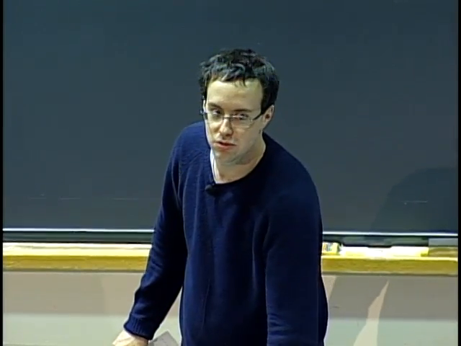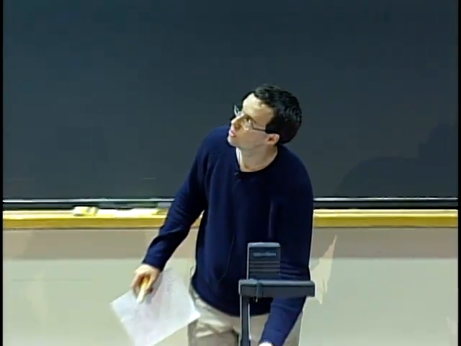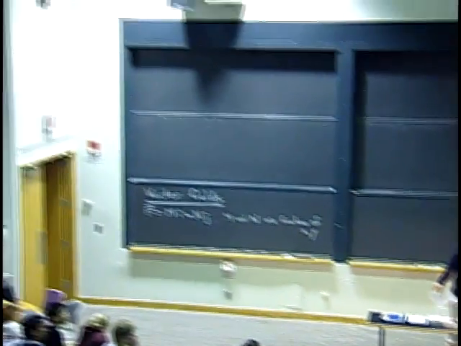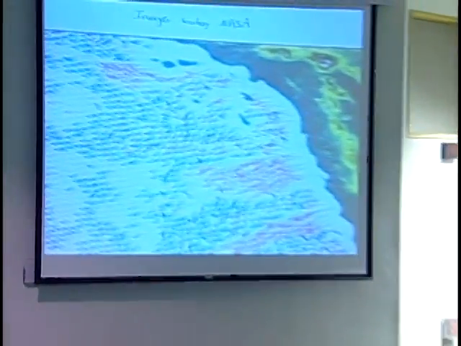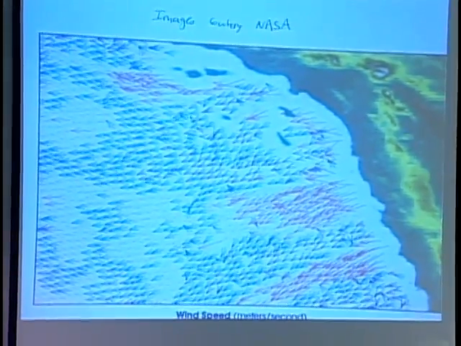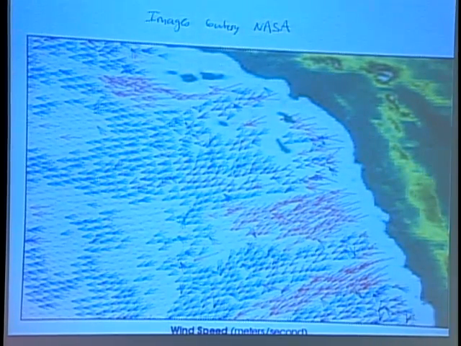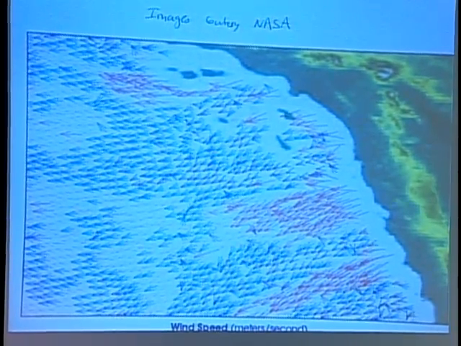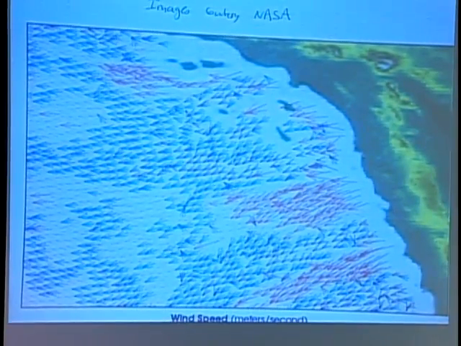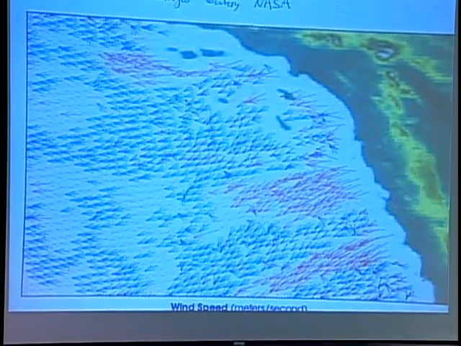Okay, so a good example of a vector field, I don't know if you've seen these maps that show the wind, but here are some cool images done by NASA. Actually, that's a picture of the wind patterns off the coast of California with Santa Ana winds, in case you're wondering what's been going on recently. You have all of these vectors that show you the velocity of the air basically at every point.